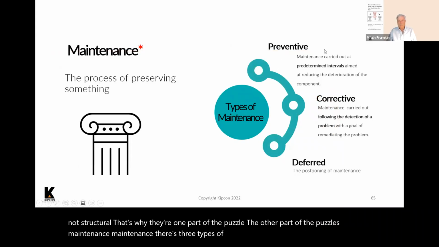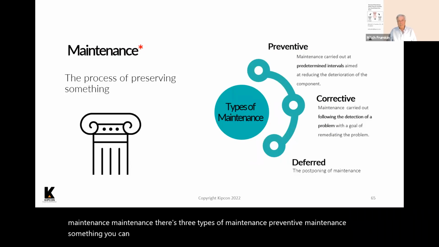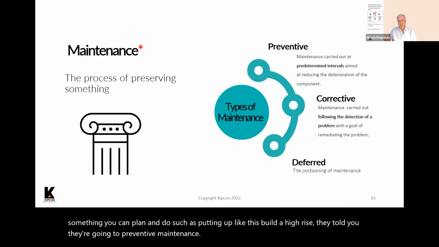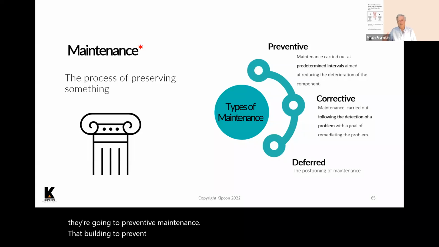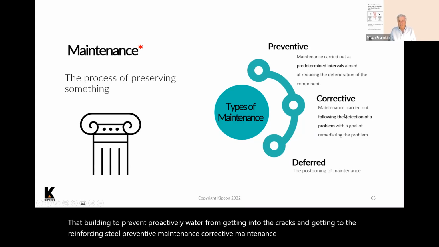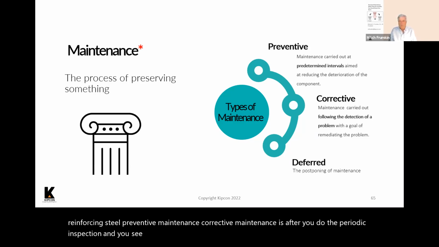Preventive maintenance is something you can plan and do, such as, like this high-rise building I told you about, they're doing preventive maintenance. They're putting a coating on all of the concrete in that building to proactively prevent water from getting into the cracks and getting to the reinforcing steel. Preventive maintenance. Corrective maintenance is after you do the periodic inspection and you see damage, you go back to correct it.